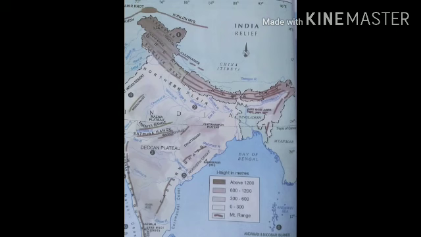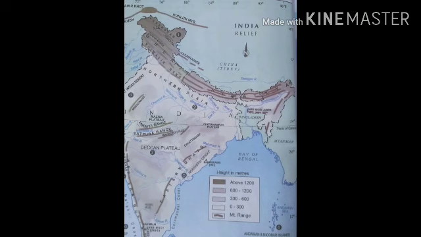This range, means this Lesser Himalaya or Himachal, consists of famous valleys of Kashmir, the Kangra and the Kulu Valley in Himachal Pradesh, and this region is well known for its hill stations.